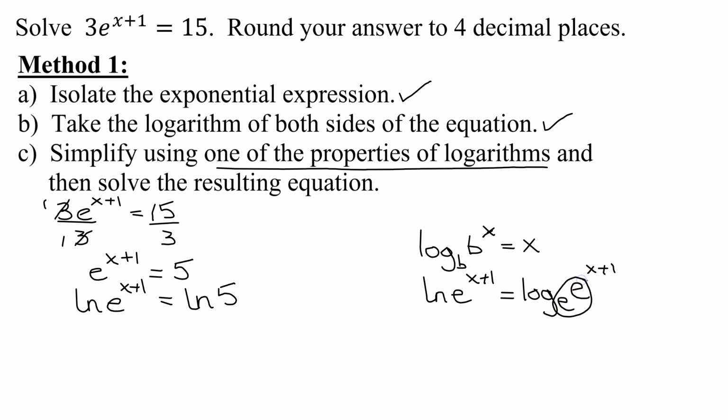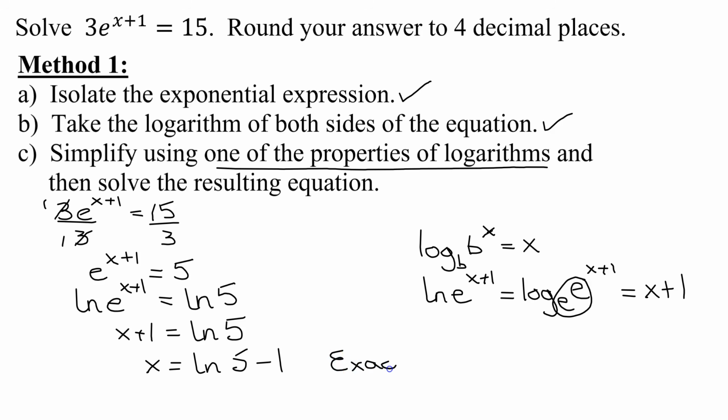Are these 2 bases the same? Yes. So I'm just going to get x plus 1. So my left-hand side gives me x plus 1 equals the natural log of 5. So subtract 1 from both sides. x equals the natural log of 5 minus 1. So that is our exact answer. If you're ever asked for the exact solution, that is it.